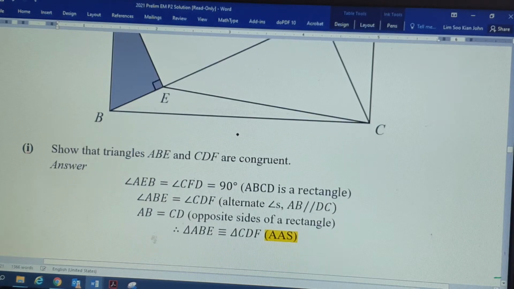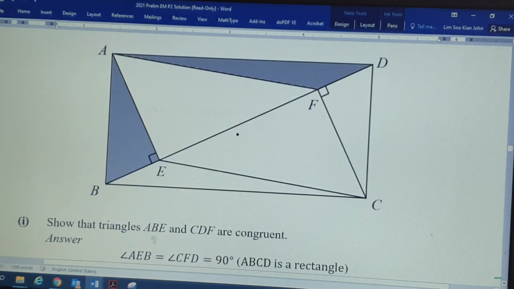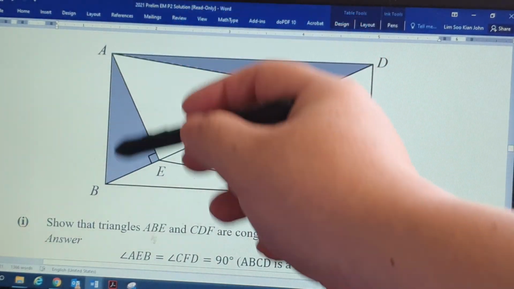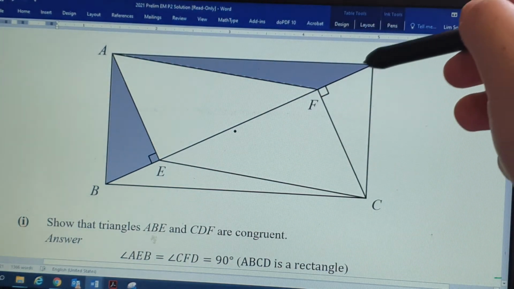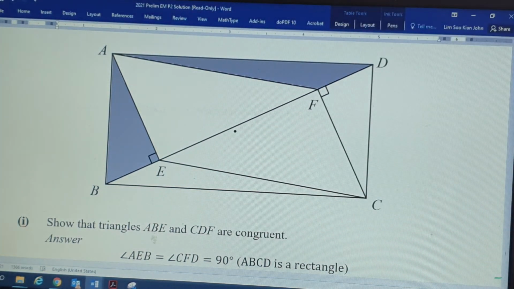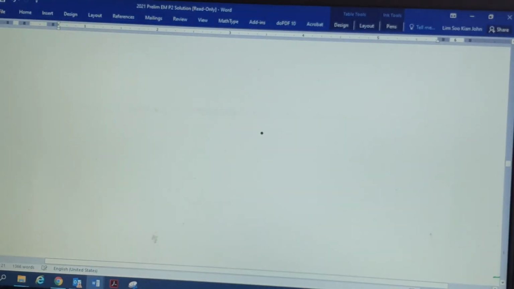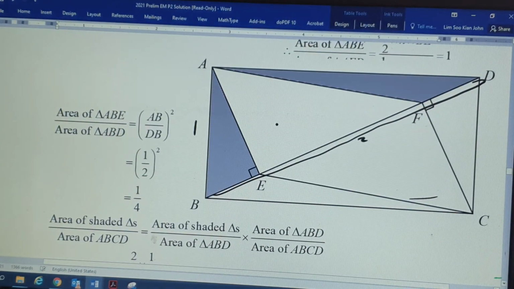Can you see that ABE and CDF are congruent? This one congruent to this one. Agree? Just now I told you already, congruent means same shape, same size. So if they are same shape, same size, don't you agree that if I call this 1 unit square, then this will be 1.